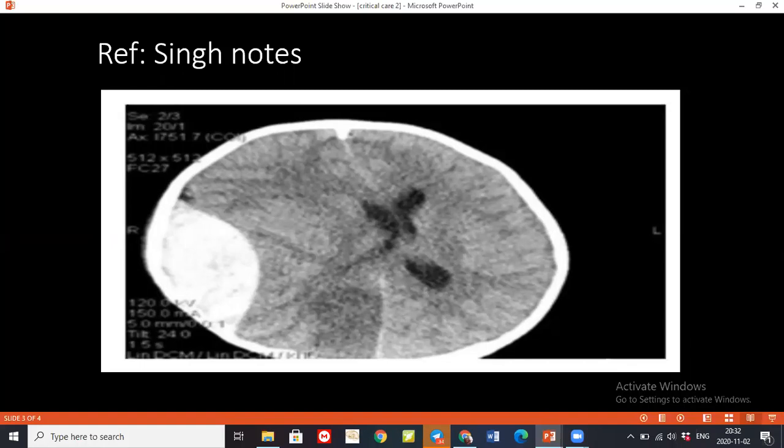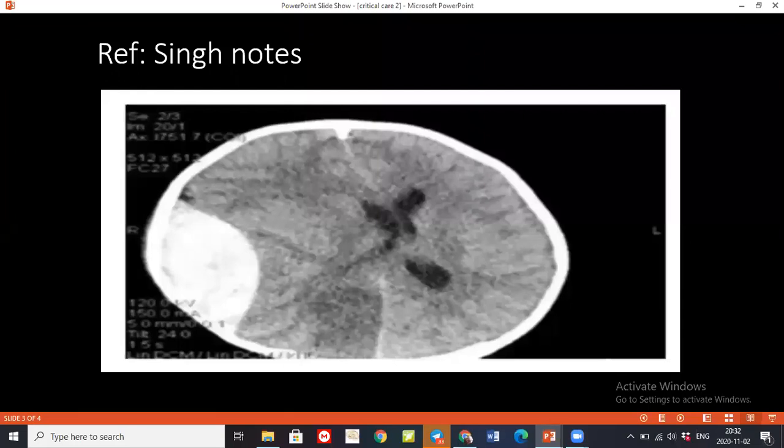How would you differentiate it from Cushing reflex? Cushing reflex is mixed vagal and sympathetic stimulation due to raised intracranial pressure, and this results in a hypertension that ensures that the cerebral perfusion pressure is maintained, and also there is bradycardia.